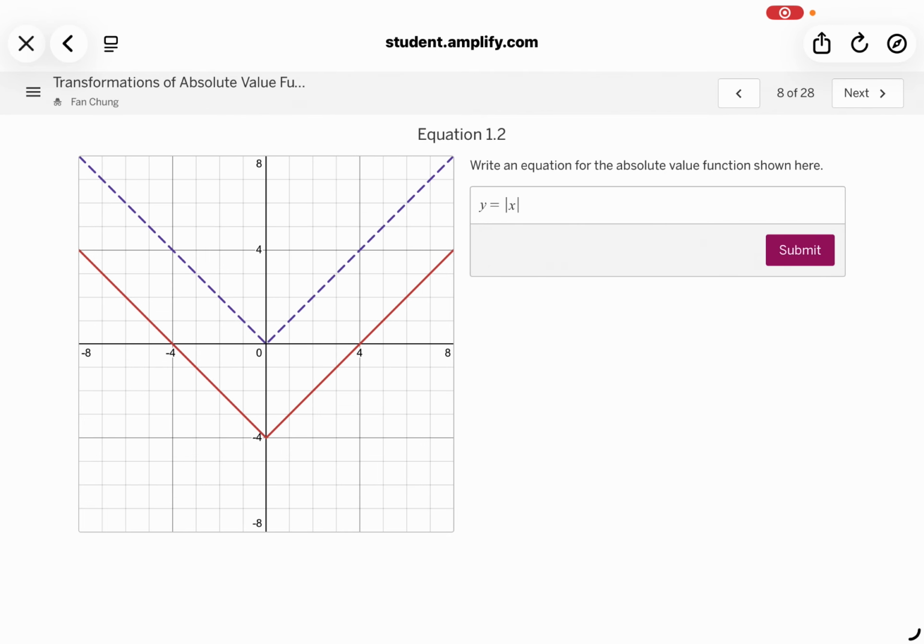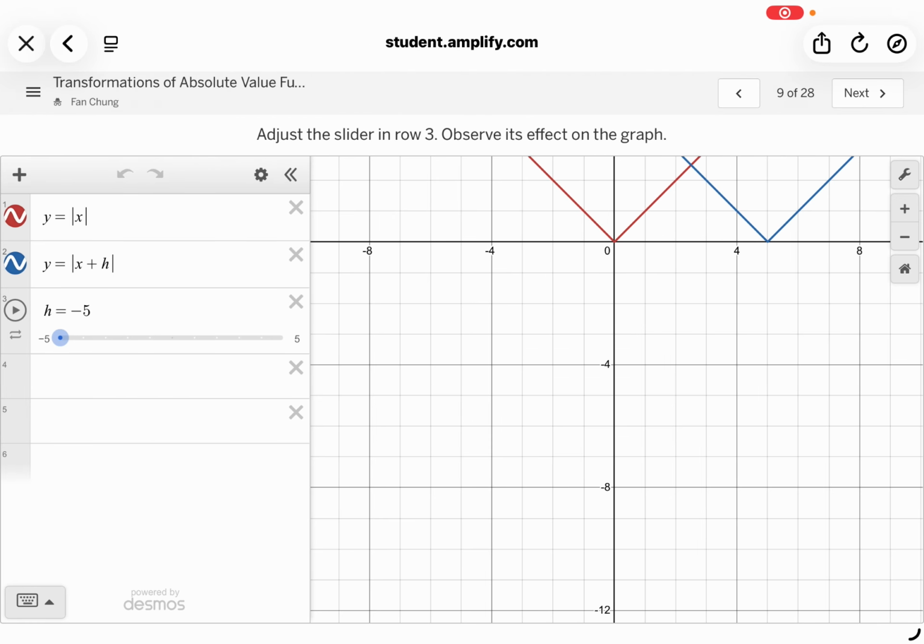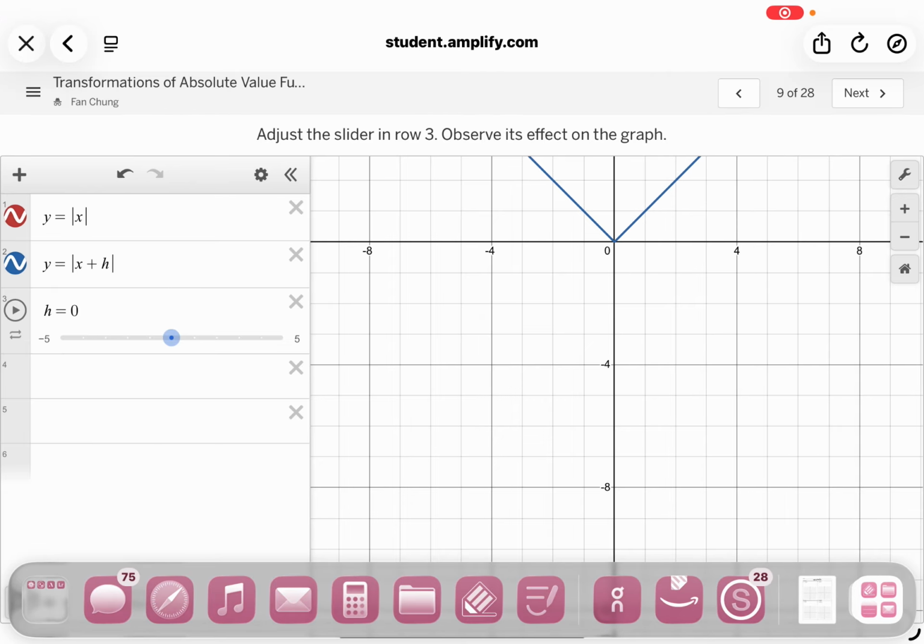So for this one, what would we need to do to make the dashed line match the red one? Minus 4.